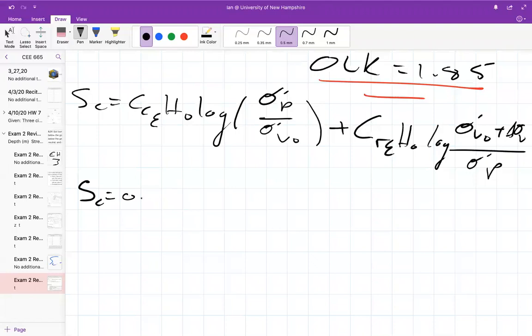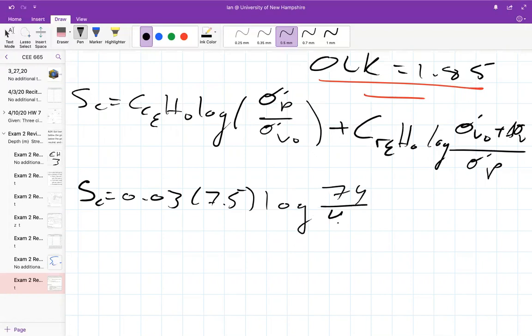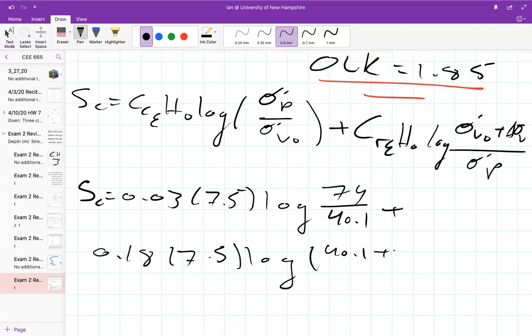So we have our big nasty long equation, and I'm just going to plug and chug from what we have. So 0.03, 7.5 log of 74 over 40.1 plus, I'm going to write down here, log of 40.1 plus 48 divided by 74.